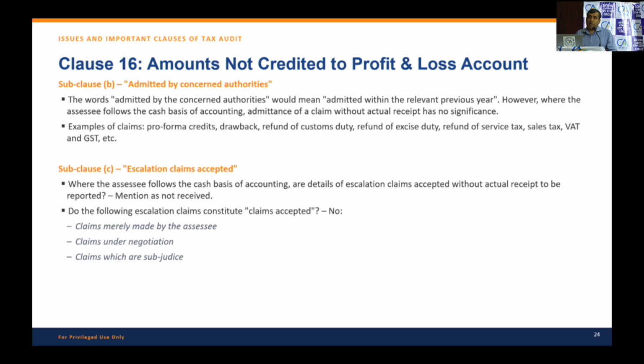Now there is a high possibility that at the year end or before the year end, the orders would have been passed, but the refund may not have been issued. So do you wait to report until the money is received? The answer is no. Here it is confirmed, or rather admitted by the concerned authorities. The moment the order is issued, it is admitted by the authorities. Therefore, the amounts become reportable here.